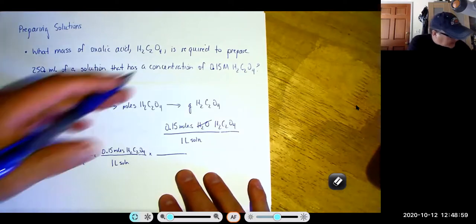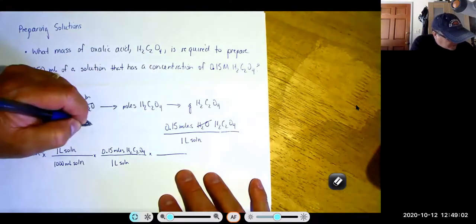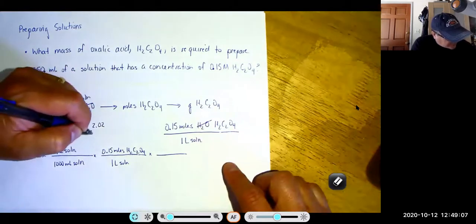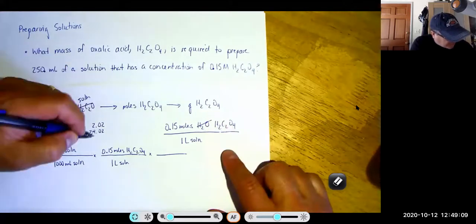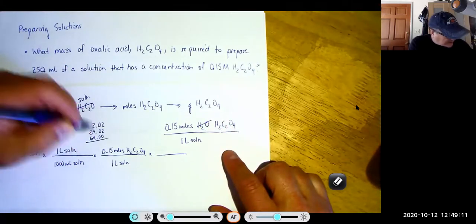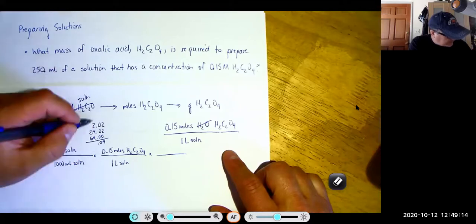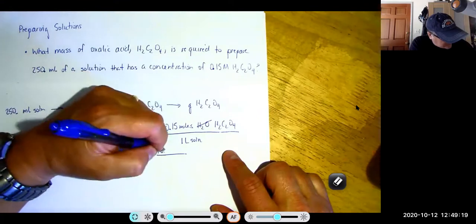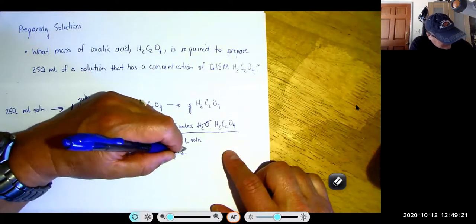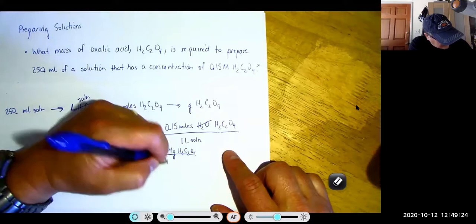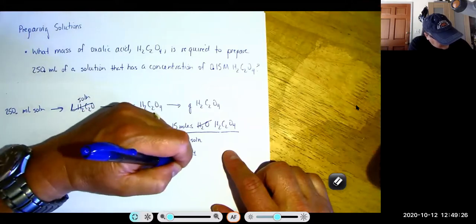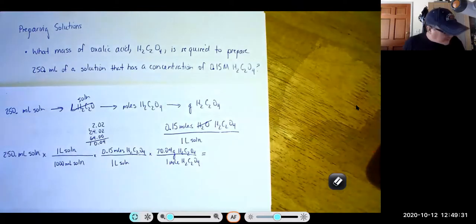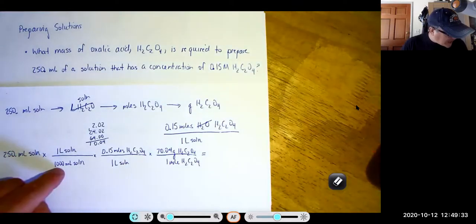For oxalic acid, we have 2.02 for the hydrogens, 24.02 for the carbons, and 64.00 for the oxygens. Okay, when I estimate the answer, 250 goes into this 4 times.